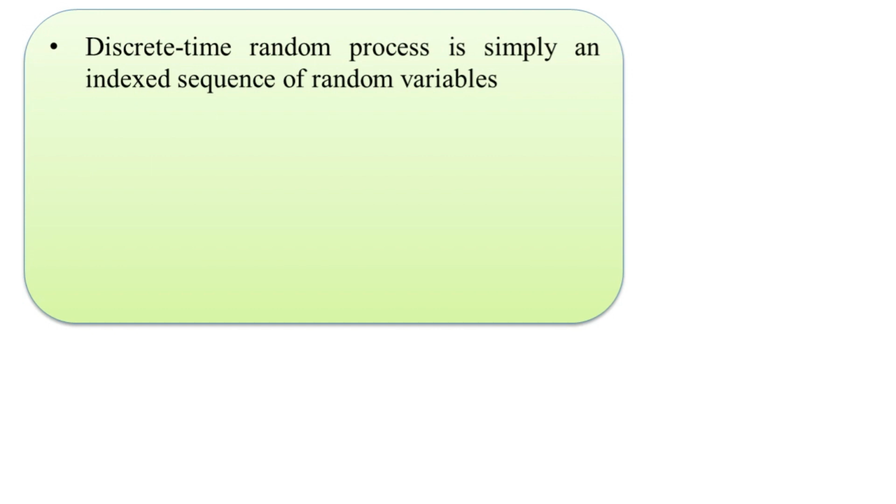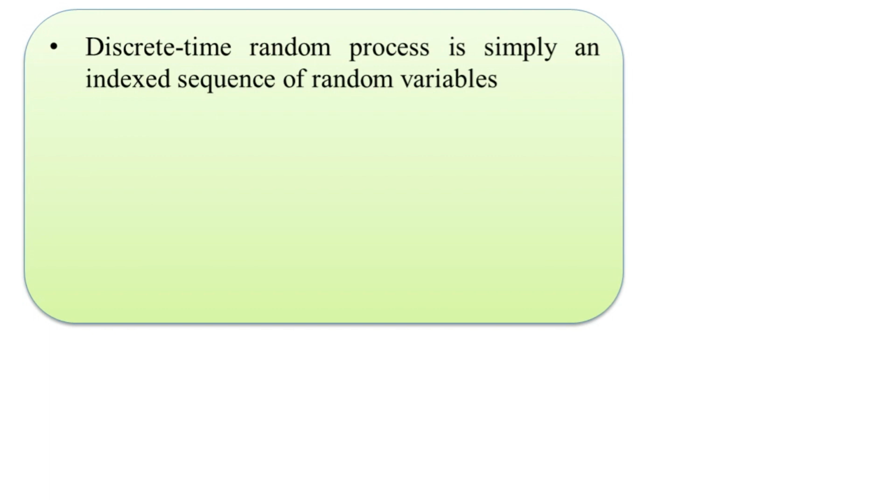Now let us consider that a random variable can be thought of as a mapping from the sample space of a given experiment, the diagram that we already discussed in the very first video of this chapter, to a set of real or complex numbers.